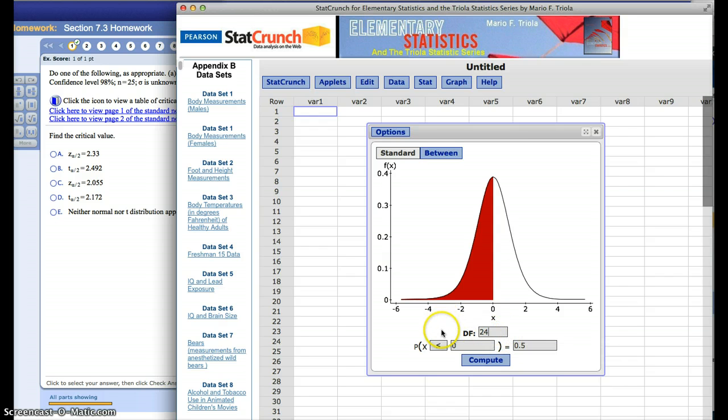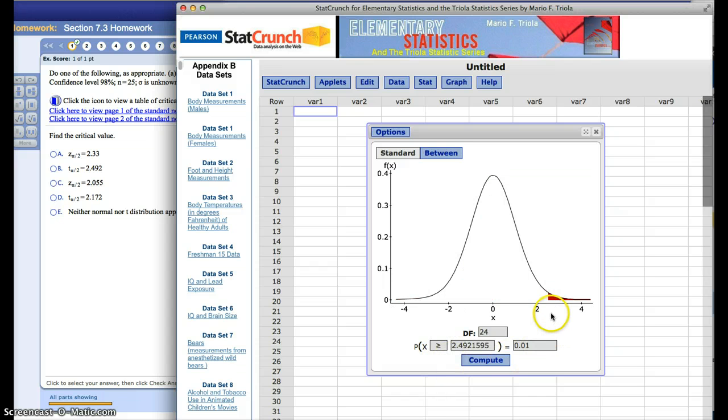Again, I want to find the critical value such that the area to the right side of that point is 2% divided by 2, which is 1%, which is 0.01. So I'm going to put 0.01 in here. That's the area. I need the value to be greater than that point, because this is the area to the right side of that point.